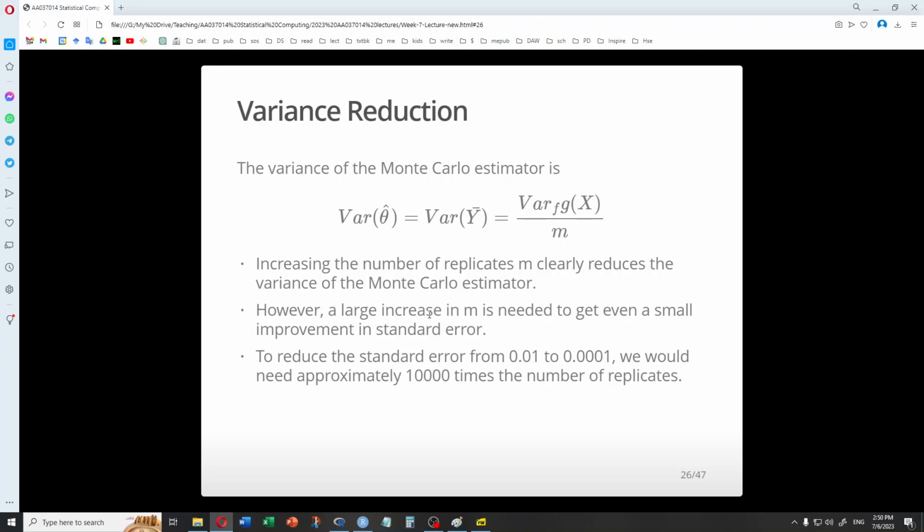And a large increase in m is needed to get even a small improvement in the standard error, which means that increasing m will only result in a small reduction in the variance. So for example, to reduce the standard error from 0.001 to 0.0001, we would need approximately 10,000 times the number of replicates.